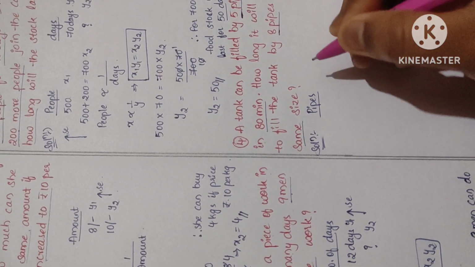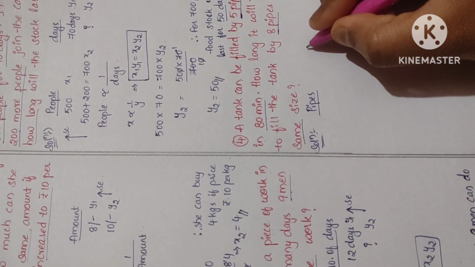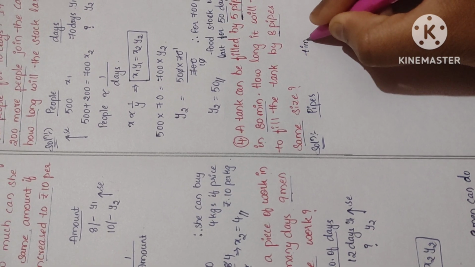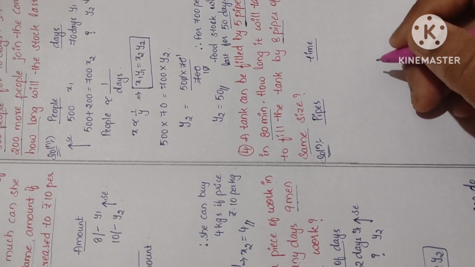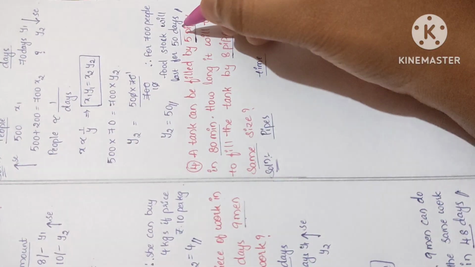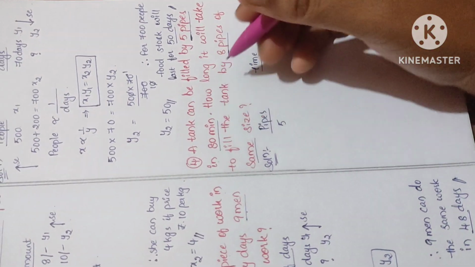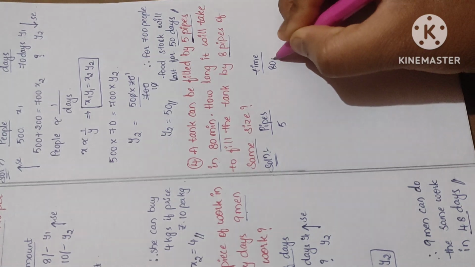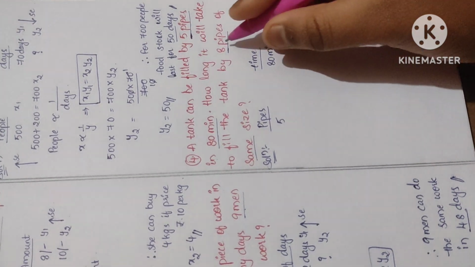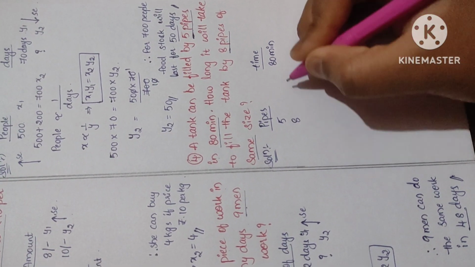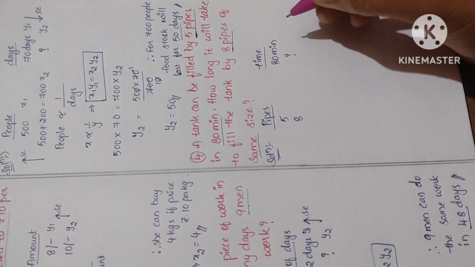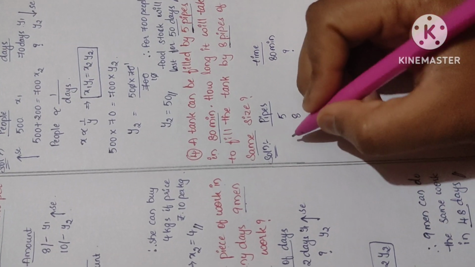We have to write the given quantities, that is the number of pipes and the time taken to fill the tank. First case, 5 pipes. With the 5 pipes, how much time does it take to fill the tank? 80 minutes. Next, with the help of 8 pipes, how much time will it take to fill the tank?